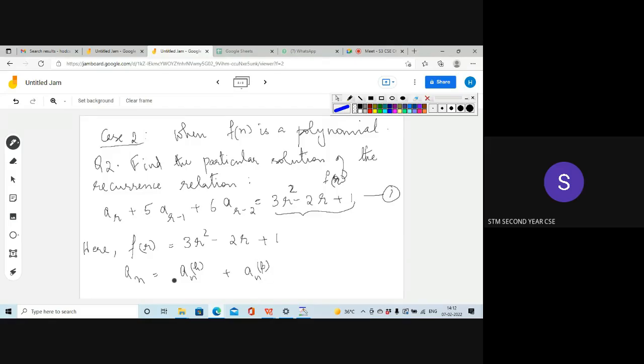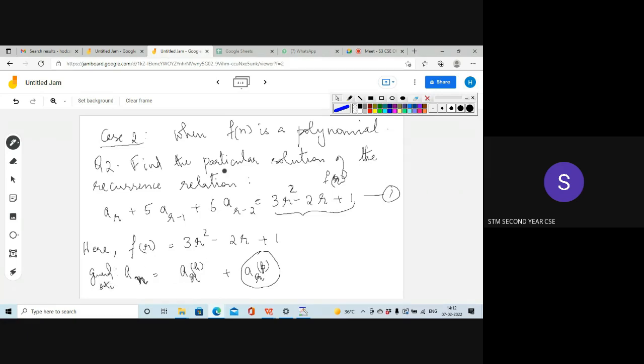Here, instead of n, the variable given is r, so write a r is equal to a r of h plus a r of p. Here the question says only to find the particular solution. Finally, when we add them together, we get the general solution a n.